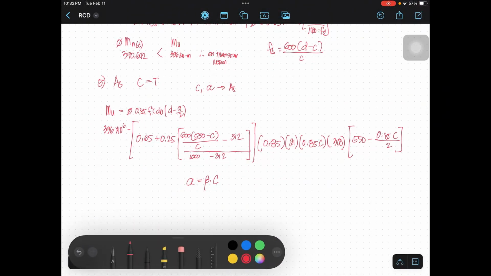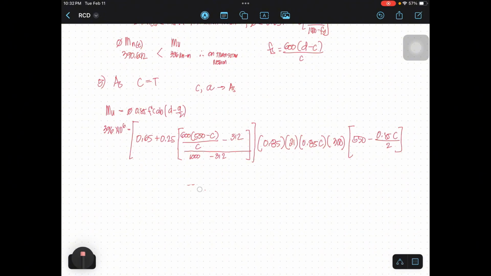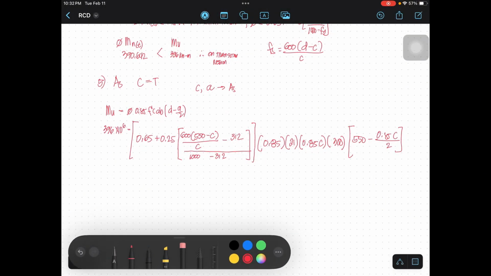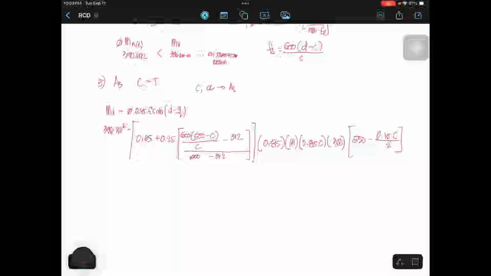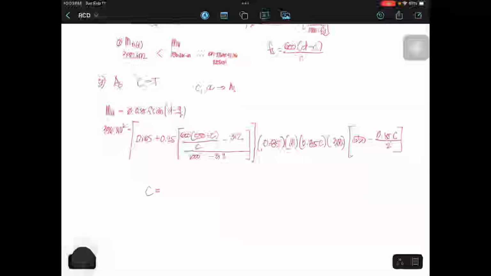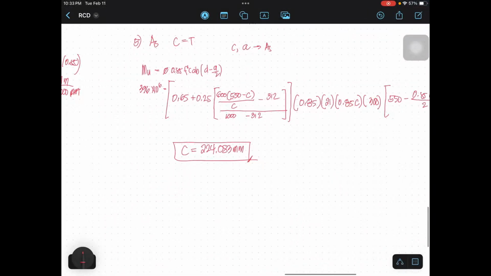So the value of the distance from the neutral axis, or C, is amounting to 224.083 millimeter. This is our distance from the neutral axis.